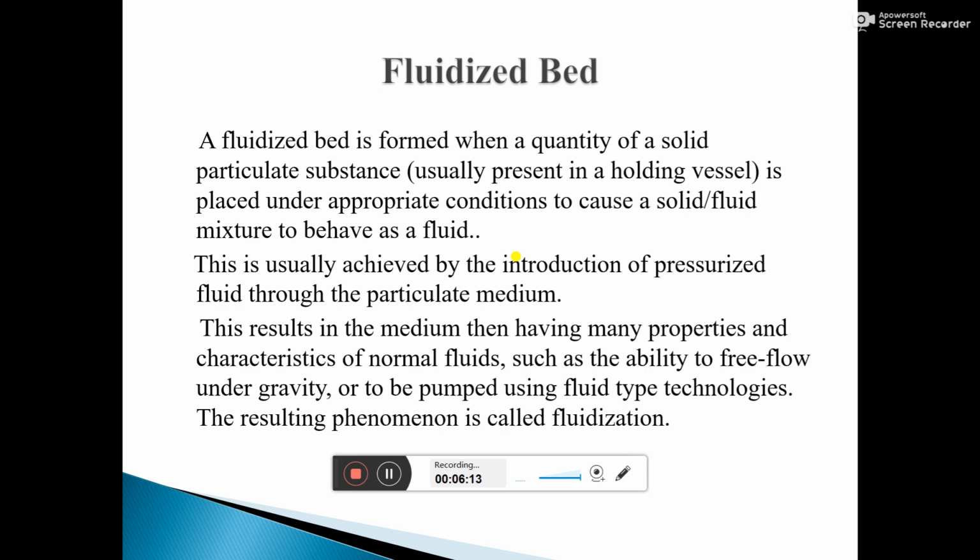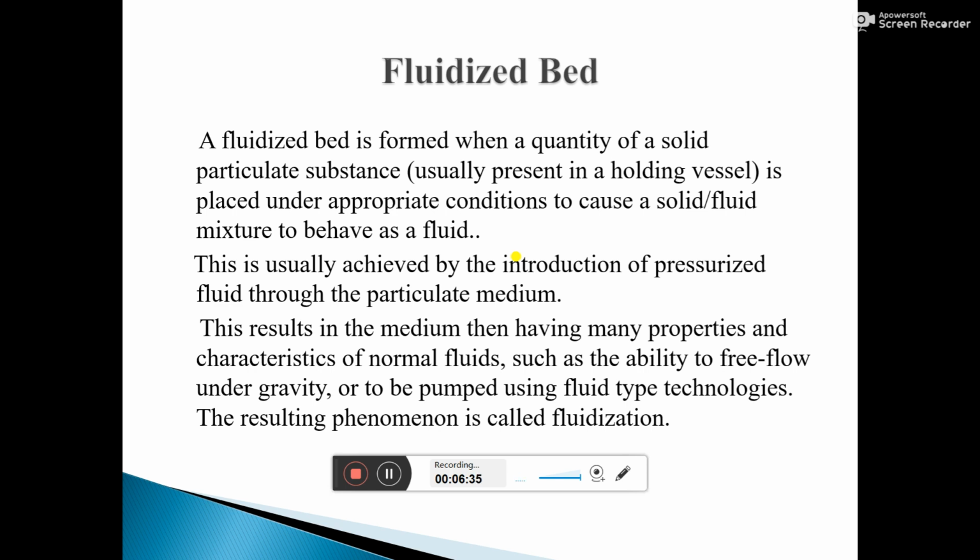A fluidized bed is formed when a quantity of a solid particulate substance, usually present in a holding vessel, is placed under appropriate conditions to cause a solid-fluid mixture to behave as a fluid. This is usually achieved by the introduction of pressurized fluid through the particulate medium.